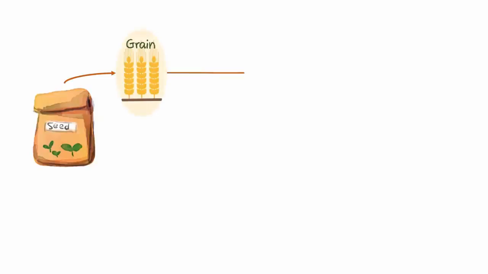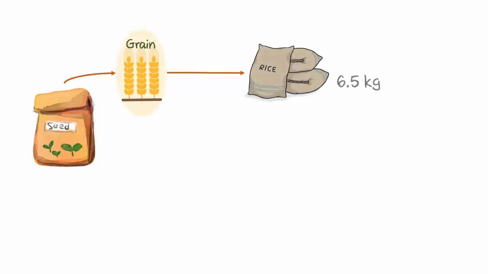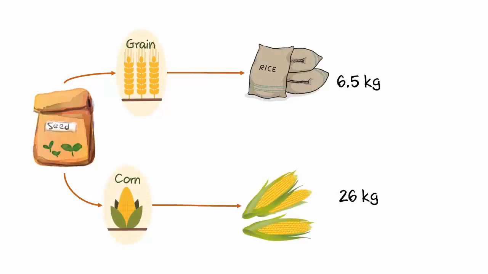So, for every kilogram of rice seeds, they will produce 60.5 kilograms of rice, and for every kilogram of corn seeds, they will produce 26 kilograms of corn.